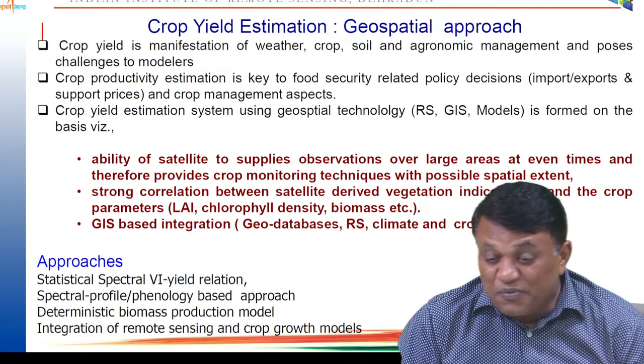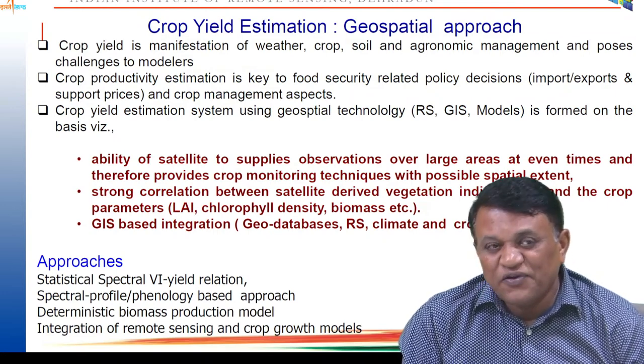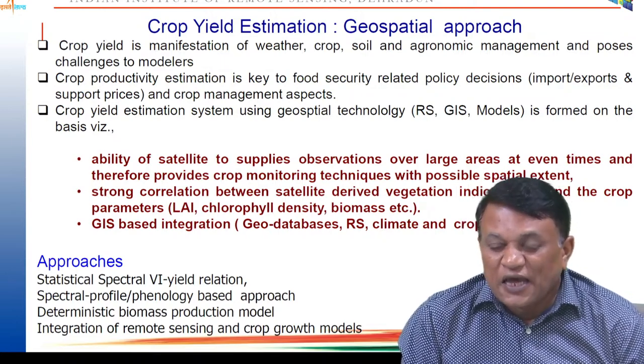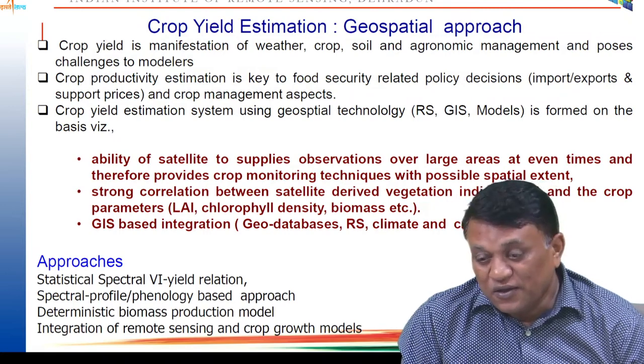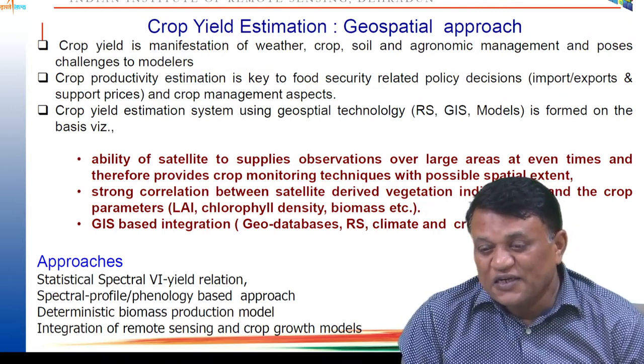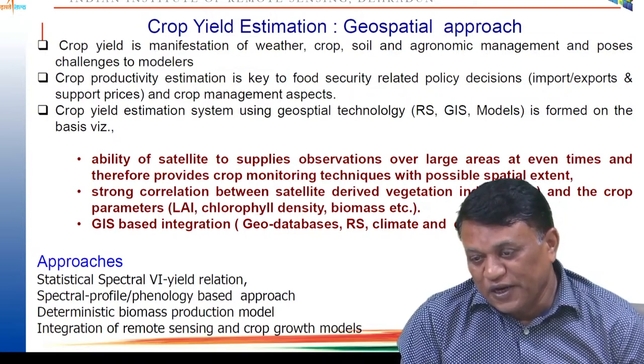So it is very important for food security related policy decisions whether we need to import, whenever there are calamities like drought or flood, or some kind of food crisis. Then countries need to take certain policy decisions to import food grain.